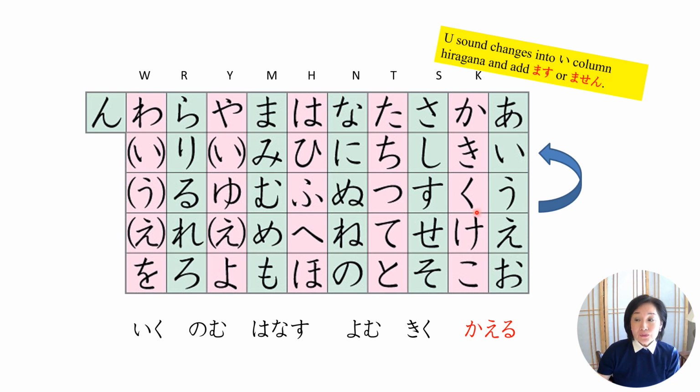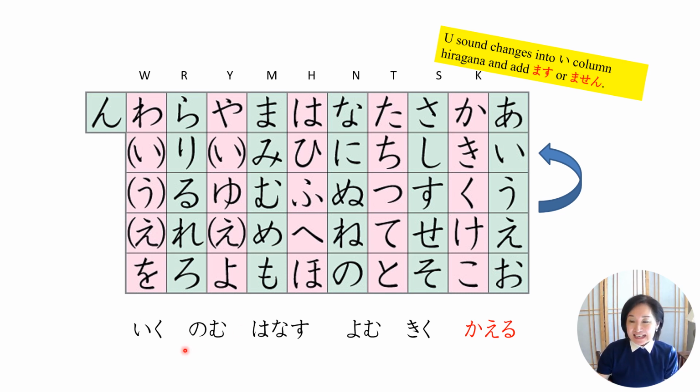And then all you need to do is to bring one column up to E sound hiragana. And then add mas for affirmative and masen for negatives. So 行く will be 行きます for affirmative, 行きません for negatives.